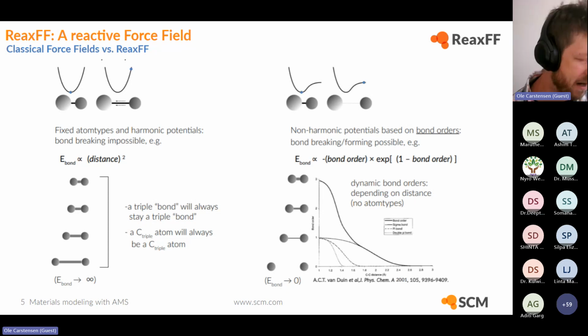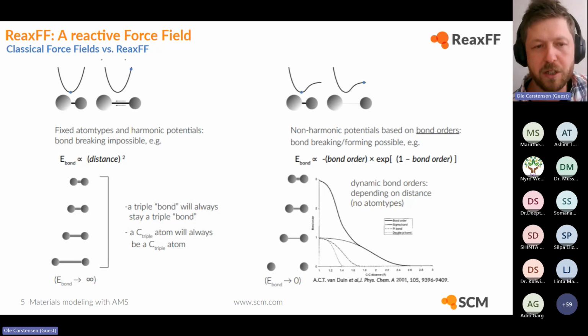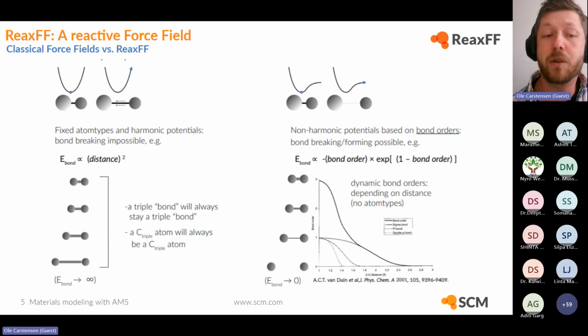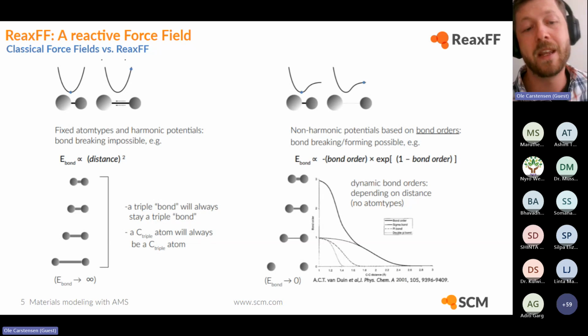So it doesn't matter how far apart you stretch these two atoms in this cartoon example here, you will never be able to dissociate the bond, because this parabola, this harmonic potential, just extends into infinity. The further you stretch apart, the higher the force will be that will lead you back to equilibrium, but it will never find any sort of asymptote or dissociation. It's just not possible. It's not in this model.